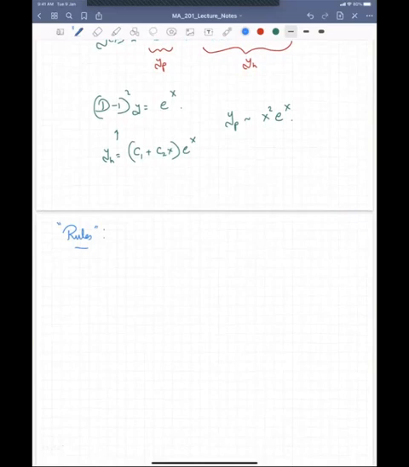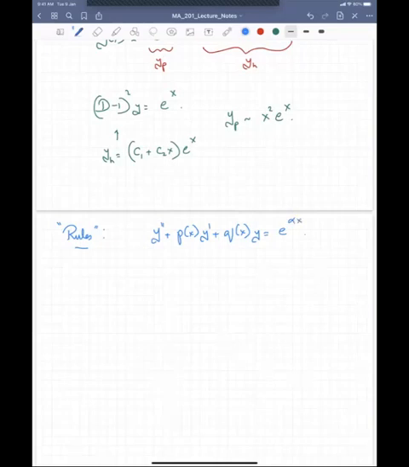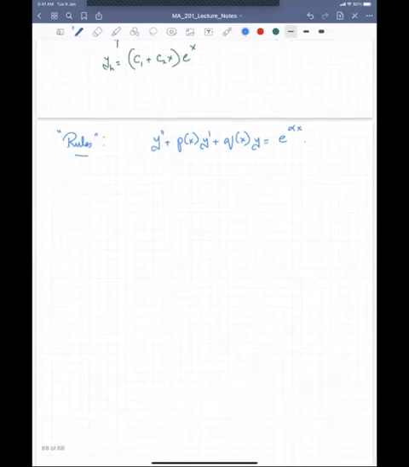Suppose I could write my differential equation, whatever it is, as y double prime plus p of x y prime plus q of x y equal to r of x, where r of x is, in this case, let us say, e to the alpha times x. Now, there are three classes of particular solutions in this case.